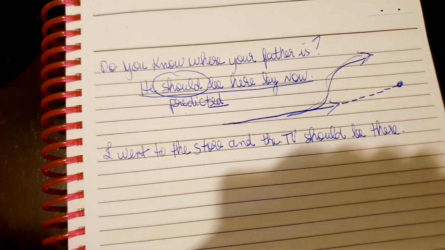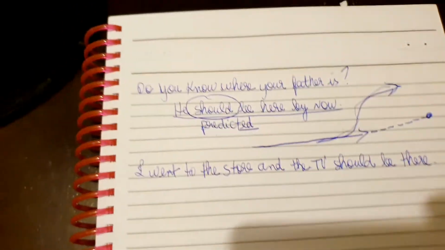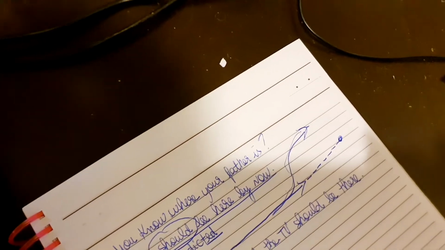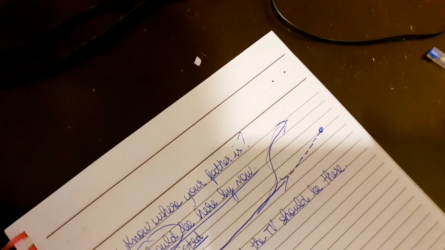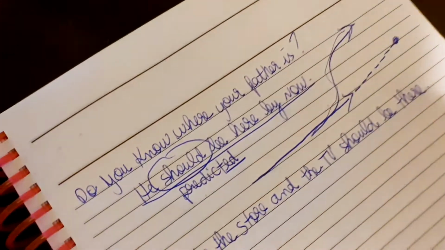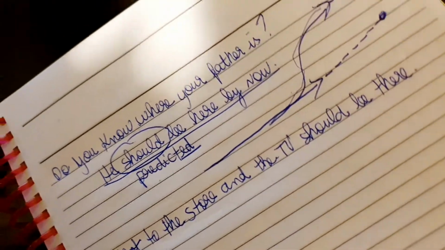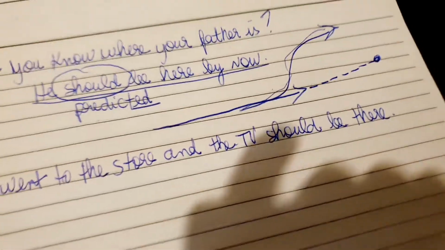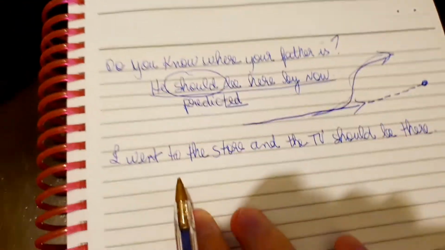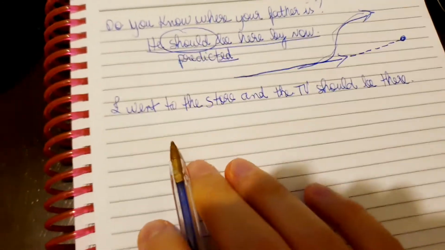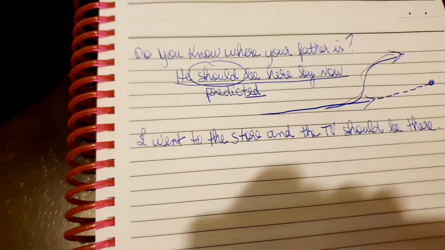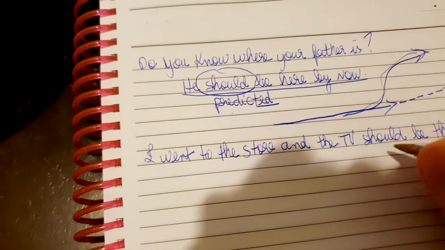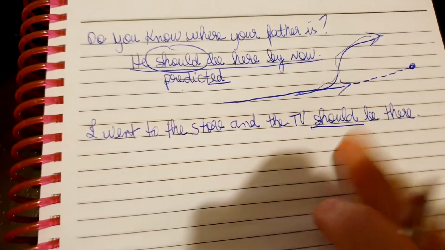And then what happens? You go back to the store and the TV is not there. So something wrong happened. Maybe the sales clerk wasn't there anymore, or maybe the sales clerk forgot what he told you. The TV should be there and it's not there.